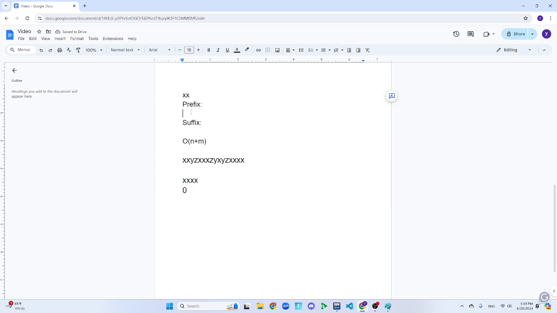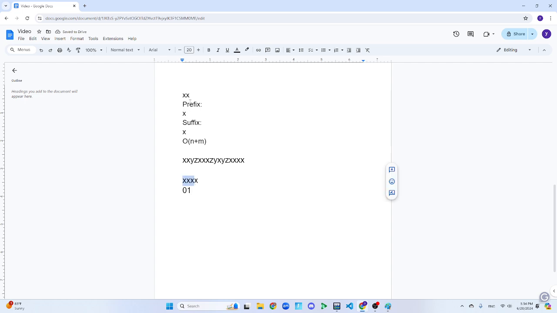The prefix will be x, which is the first letter, since the prefix cannot be itself. That is also why the first letter will always be 0. The suffix will also be x, which is all the letters from behind, excluding itself. And x has a length of 1 because it's one character.